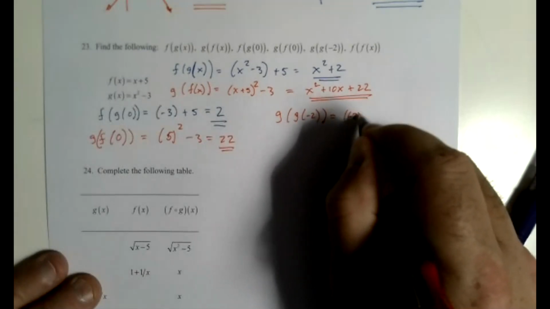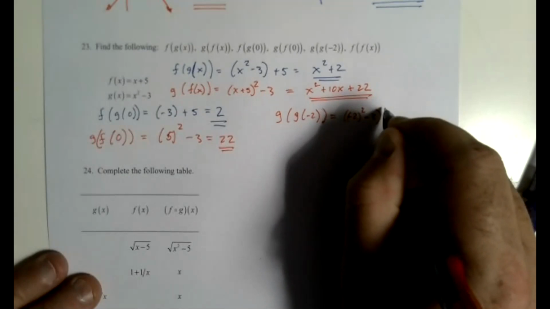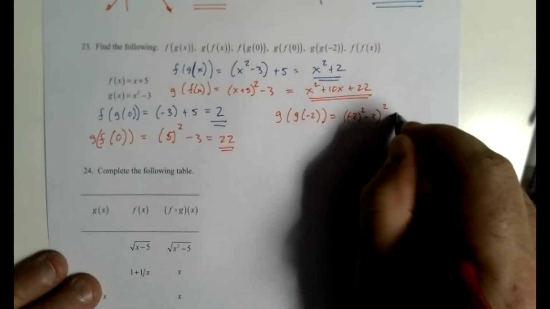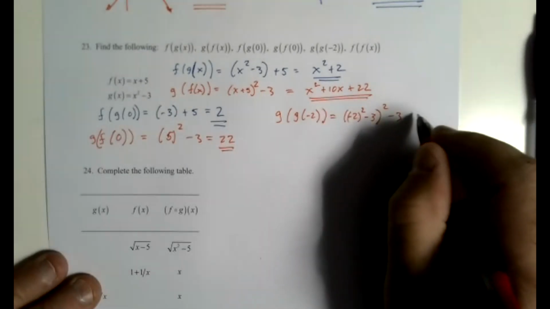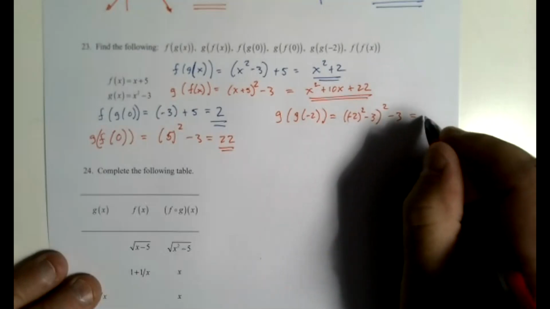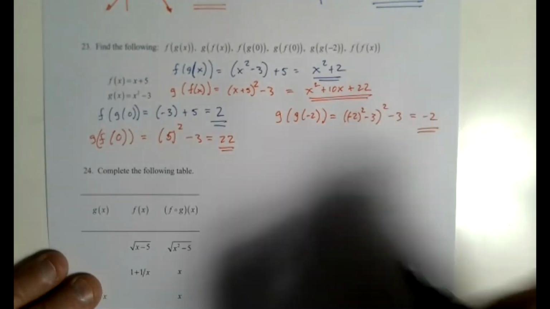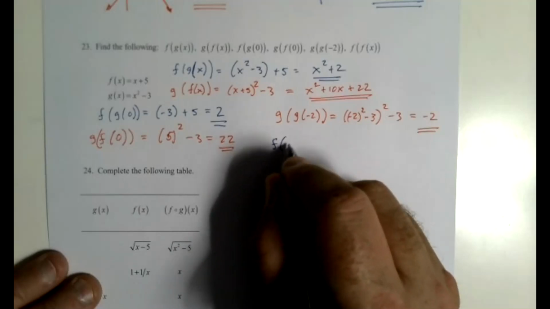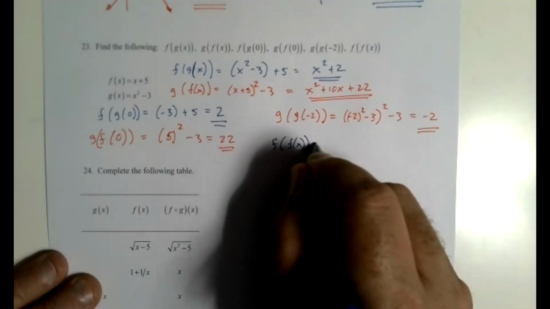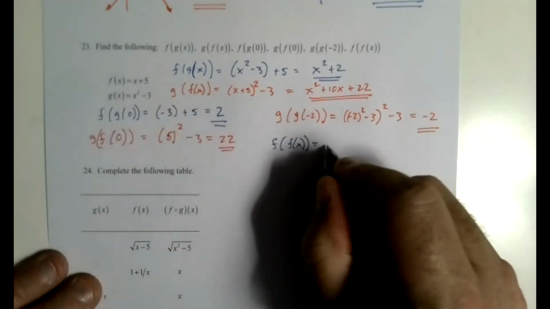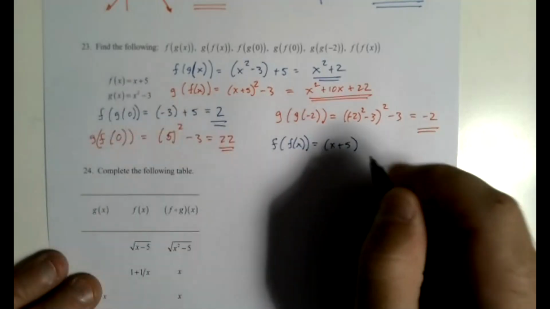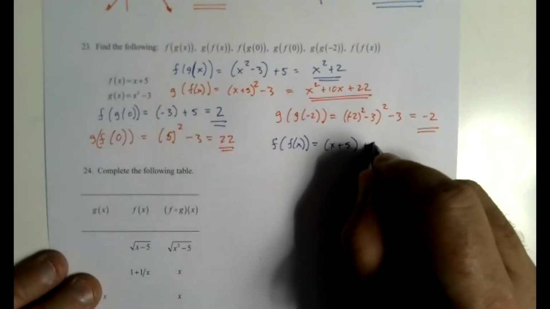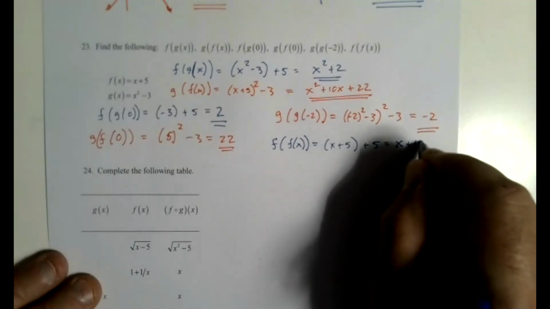Then -2 squared minus 3, which is 1 squared minus 3, which is -2. And then f of x equals x plus 5 plus 5, x plus 10.